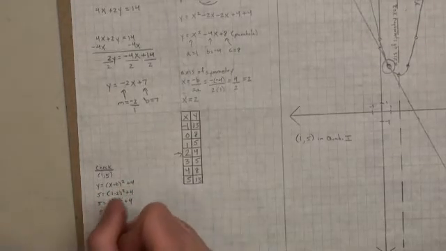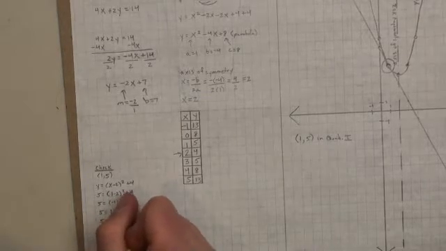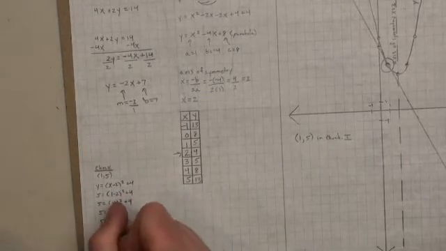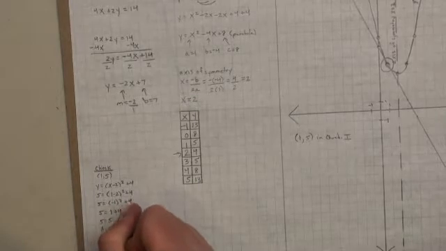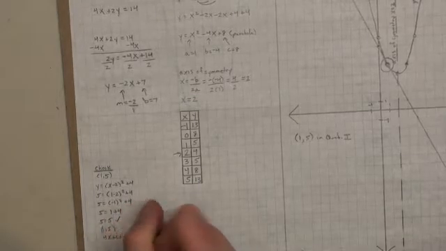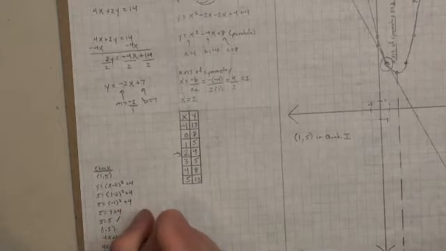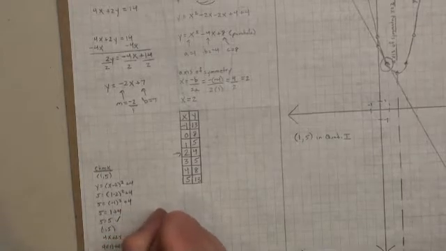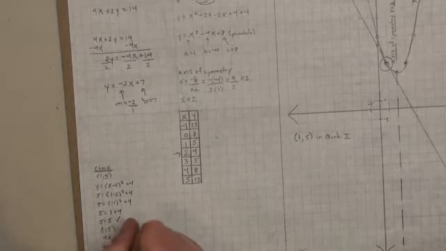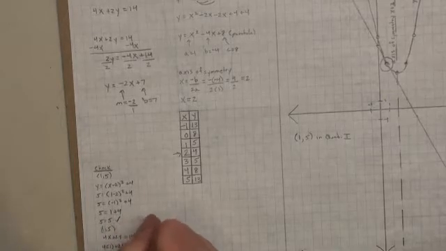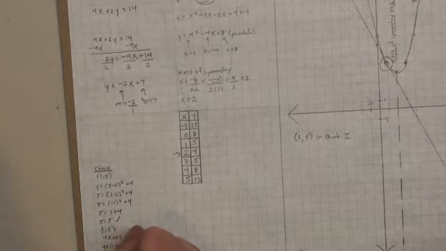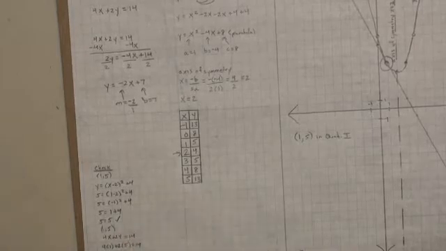Good. Now let's check the point (1, 5) in 4x plus 2y equals 14. 4 times 1 plus 2 times 5 equals 14. 4 plus 10 equals 14. 14 equals 14, and it checks.